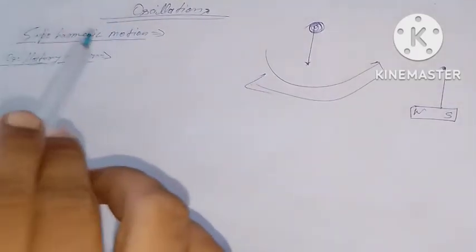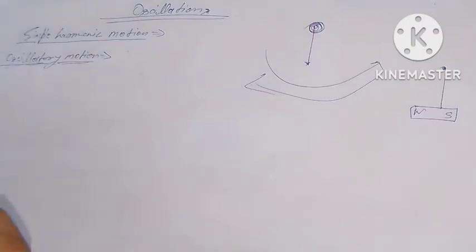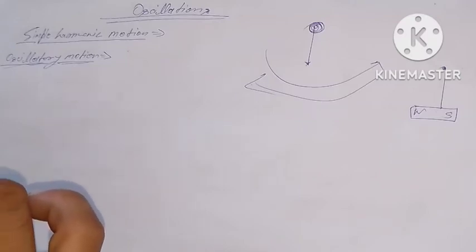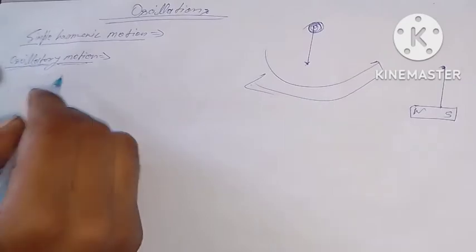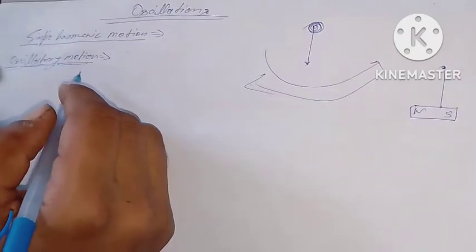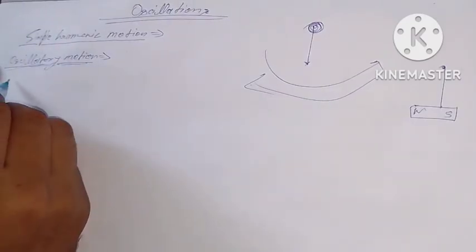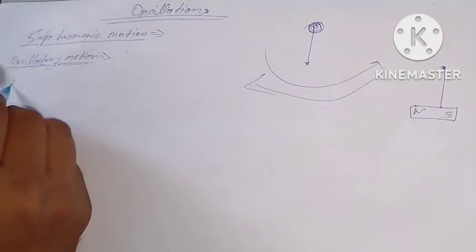If a body in periodic motion executes to and fro motion about a fixed reference point, it is said to have an oscillatory motion. Before oscillatory motion, we will know about periodic motion.